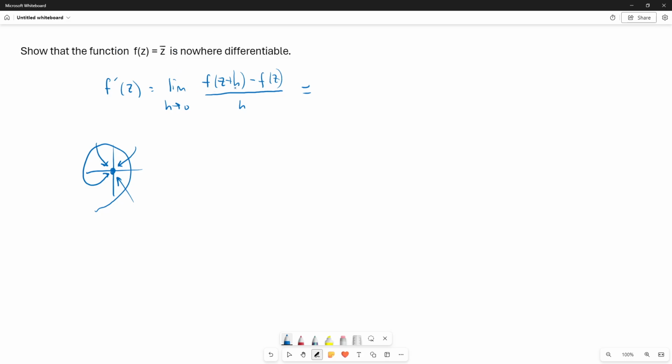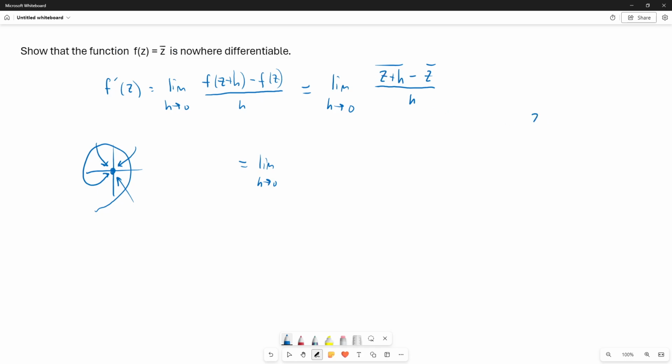Our function is the conjugate, so f of z plus h is z plus h quantity conjugate, and then minus f of z is z conjugate, and we're dividing by h. And now this becomes, we'll use the property of the conjugate.